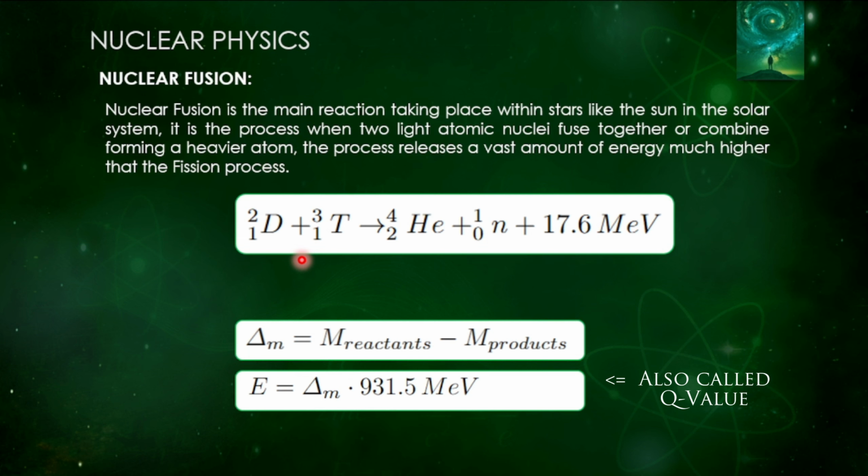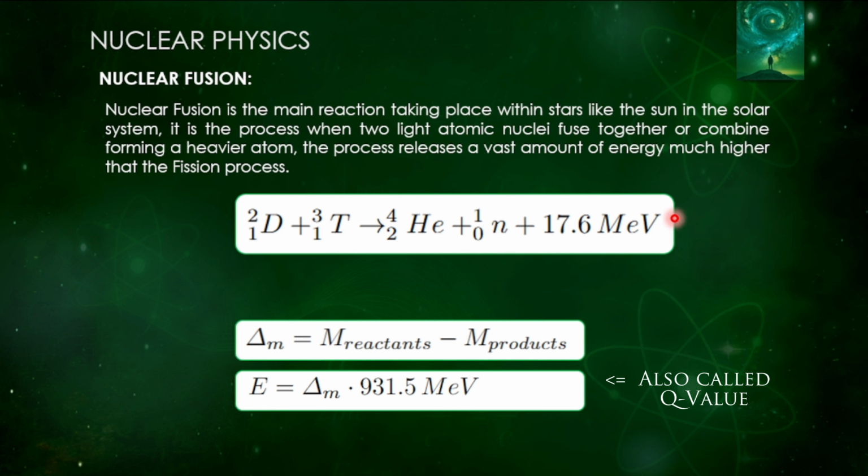So here, it's one of the reactions happening inside the sun. You have one deuterium fusing with tritium, I think. It forms helium-4, which is an alpha particle, plus one neutron, plus 17.6 mega electron volts.